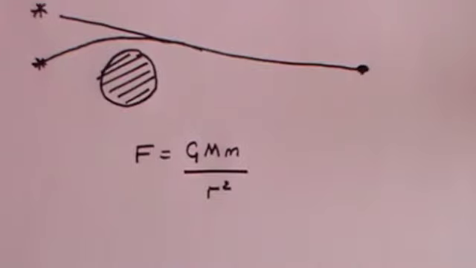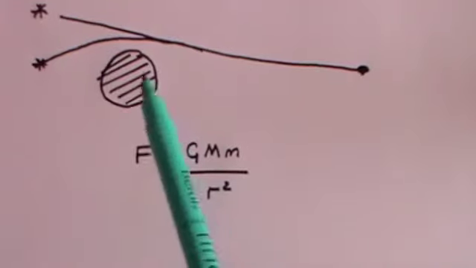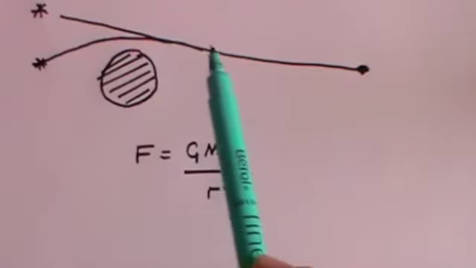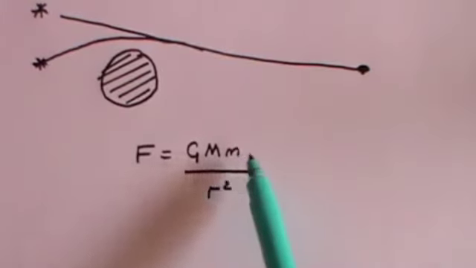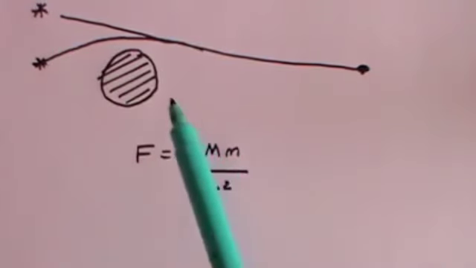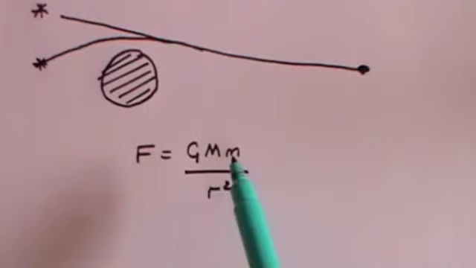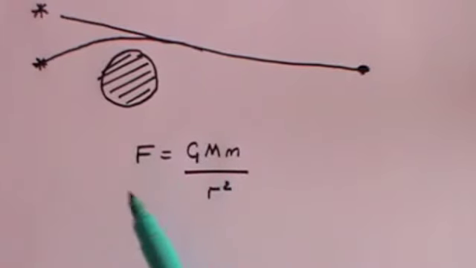And that's fine, except that in this situation here, light is bending in a gravitational field, but photons of light have no mass. So these two mass terms, well, at least the Sun has mass, but the photon doesn't. So this form of Newton's law doesn't work if it is going to apply to light.